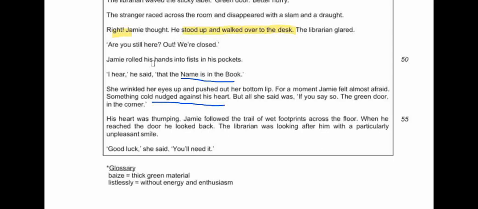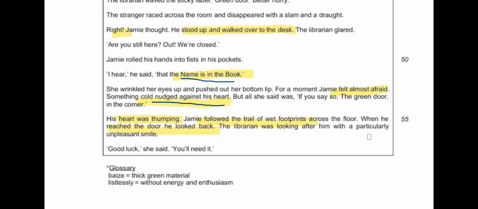And he also said the same, that the name is in the book, like the other three men. And Jamie felt almost afraid, something cold nudged against his heart. But the librarian said, if you say so, the green door. So Jamie's heart was thumping, but Jamie followed the trail of the wet footprints and he reached the door and he looked back.